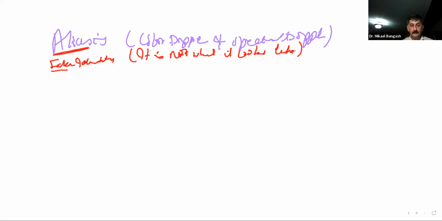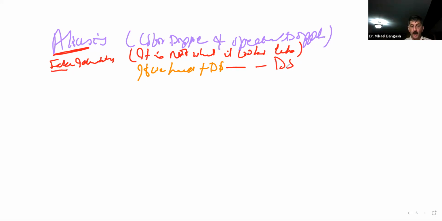Because we said that if we had a positive Doppler shift, the aliasing would be that we also saw a negative Doppler shift.